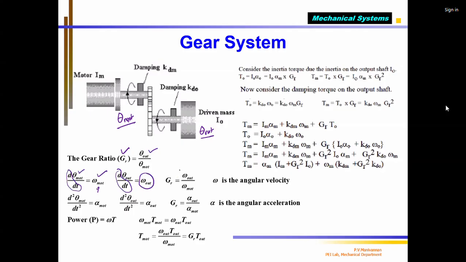Now I can write the gear ratio in terms of displacement or in terms of velocity also. Output shaft velocity, or load velocity, divided by motor velocity is the gear ratio.